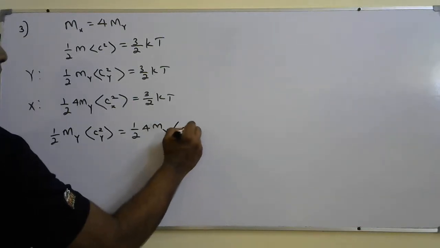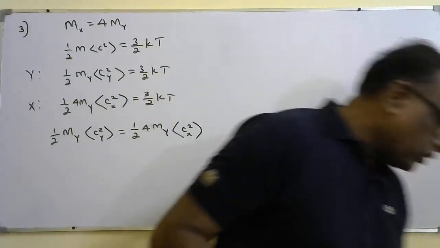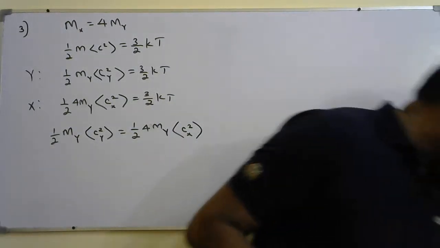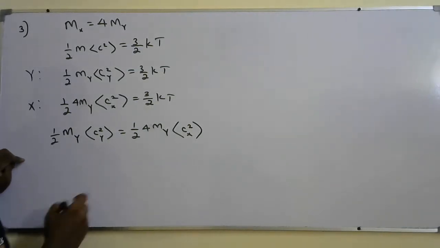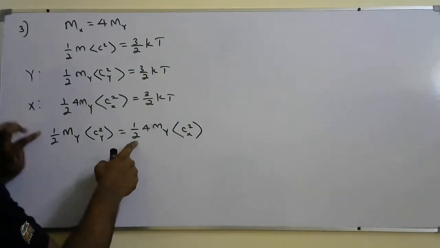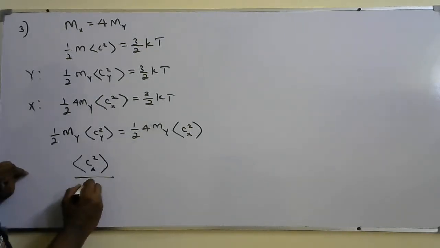Okay, so we need to find the ratio of the RMS velocity of molecules in gas X, so I need to divide this by this. That means half will get cancelled.